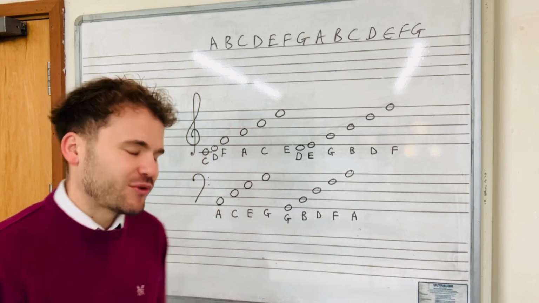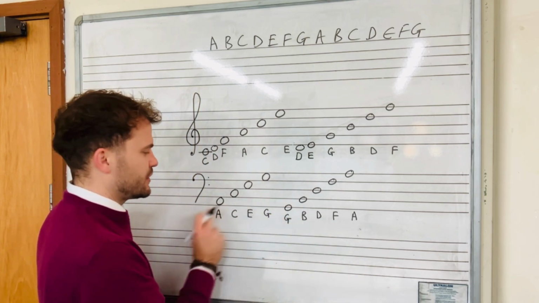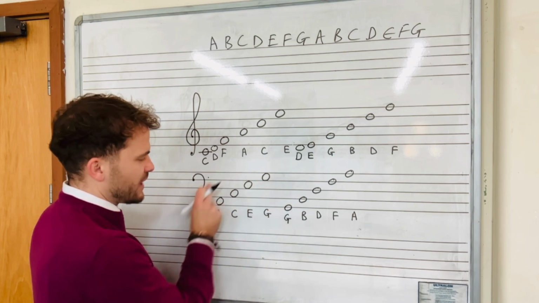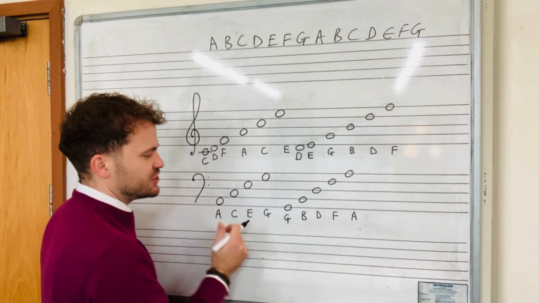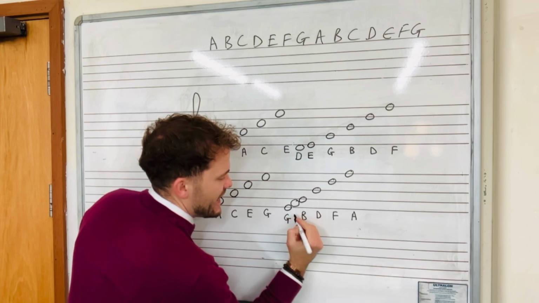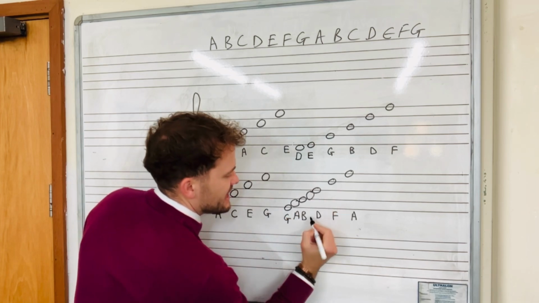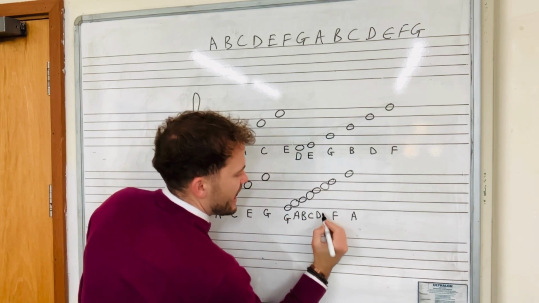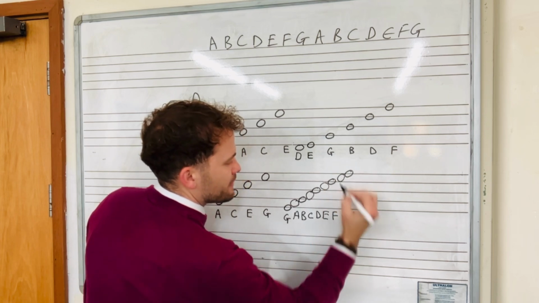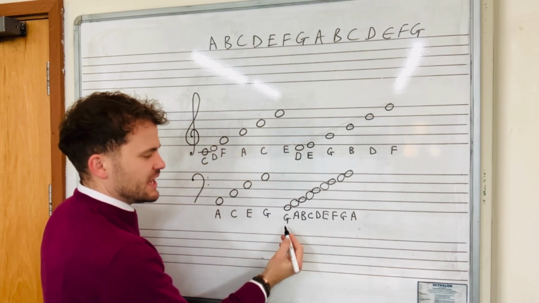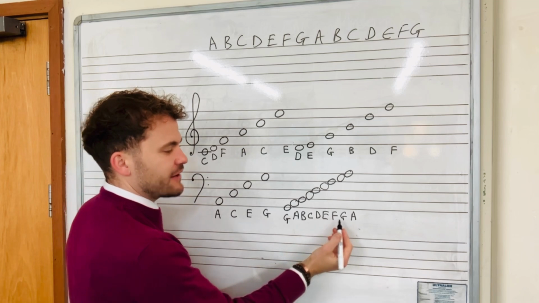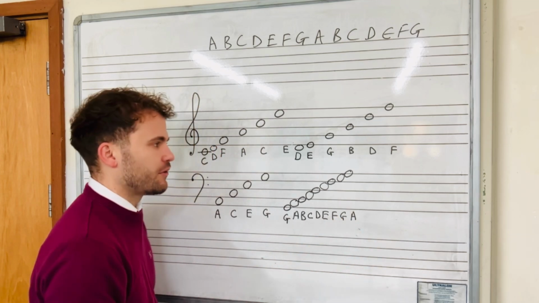So it's an easy way to remember it. As you can see again, if we filled in the gaps, if we move this all cows eat grass, this A, C, E, G over here, if I put the A there, the C there, the E there, the G at the top there, G, A, B, C, D, E, F, G, A, and so on and so forth.